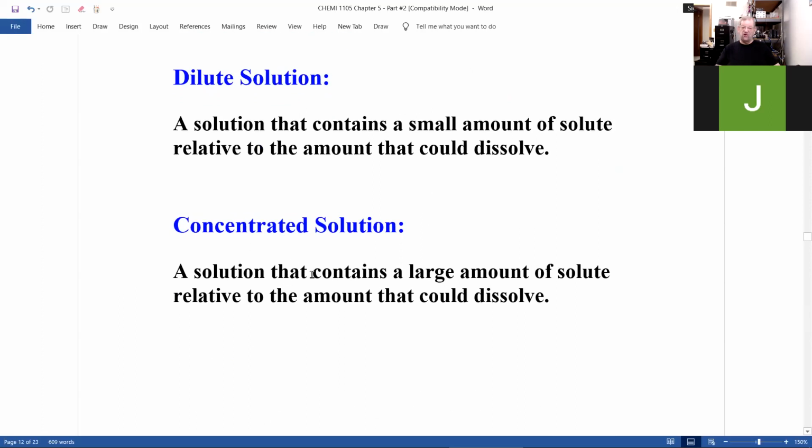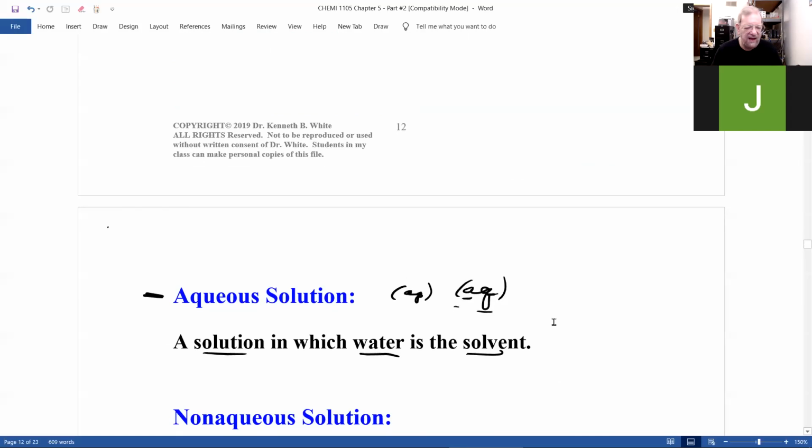Concentrated solution: you've got a lot of the solute relative to what could be dissolved, but you're not at the maximum level.